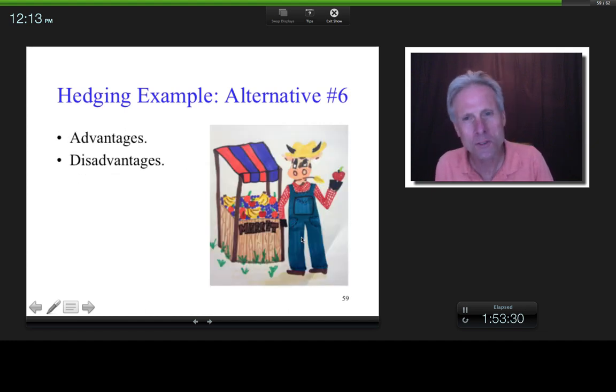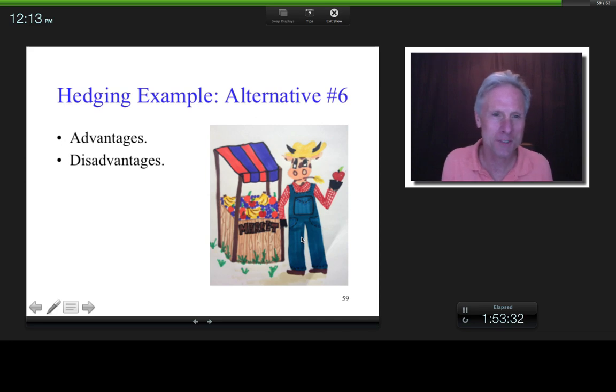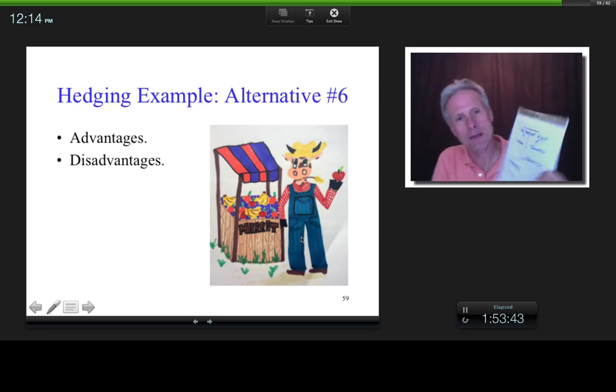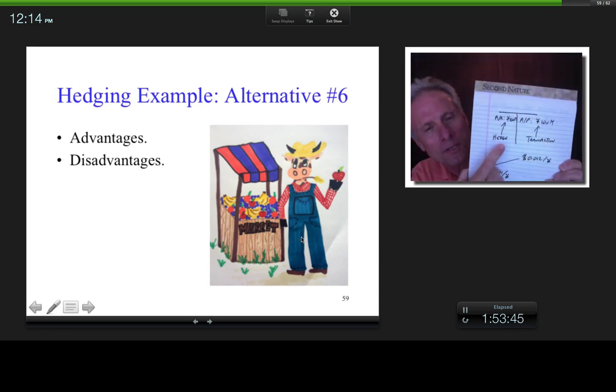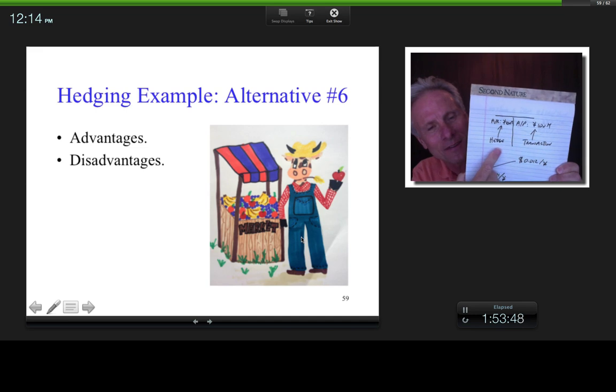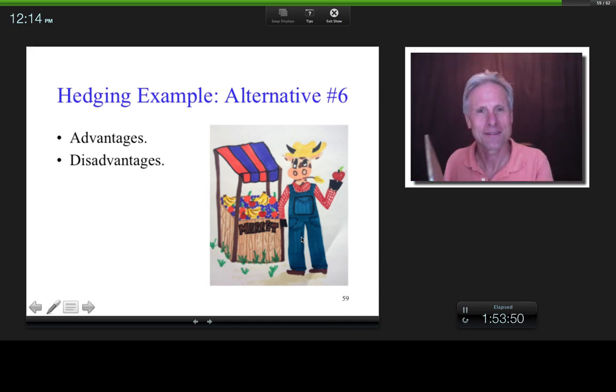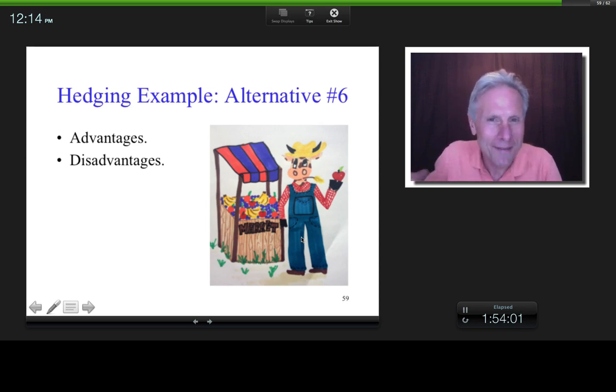So if we put this all together, as far as pros and cons of money market hedge, an advantage is, well, are you hedged? Does it work? If we engage in a money market hedge, will we have created something equal and opposite on this side? We will have, right? And with a money market hedge, have you regained the credit advantage? You have, right? And with a money market hedge, can you create that with any currency?